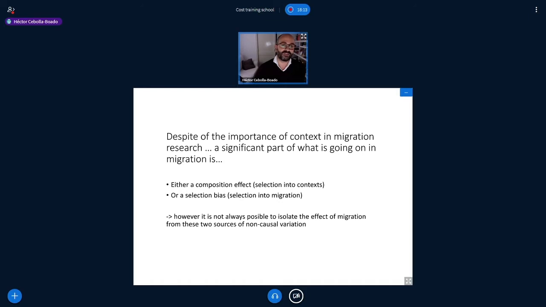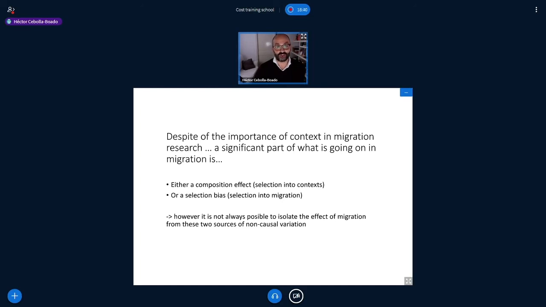So migrants from different contexts or migrating to different contexts are not just like other people. They are different from those who decide not to migrate or not to migrate to the specific context that we are studying. And it's not always easy to get rid of these two annoying effects, composition effects and selection bias.